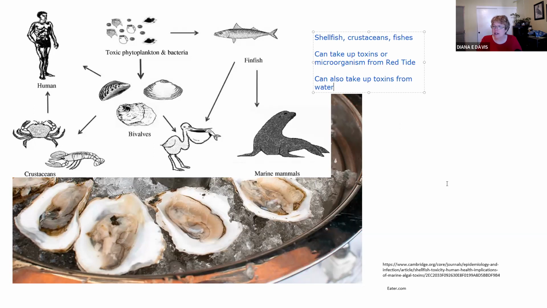Juliana, go ahead. Just a quick question. Is this cooked, uncooked, all across the board? Because I love lobster. Yeah, that is an excellent question. Certainly raw is worse. But if we're talking about toxins from red tide, or toxins that are in the water that get concentrated in the tissues, cooking doesn't necessarily work with those.